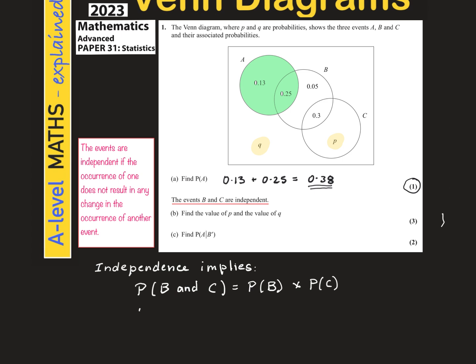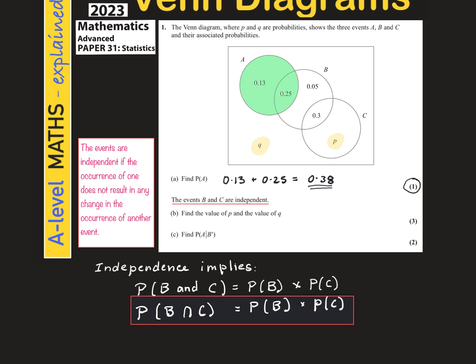You only need to write this line. The probability of B intersection C is equal to the probability of B multiplied by the probability of C. And this is all you need to get your first mark in here, mark 1.